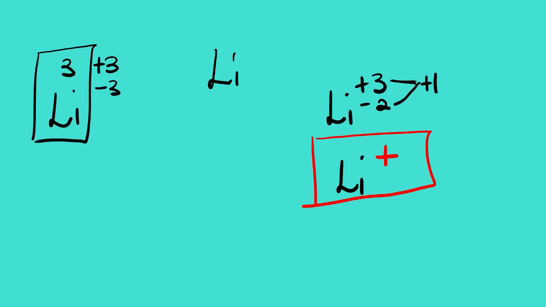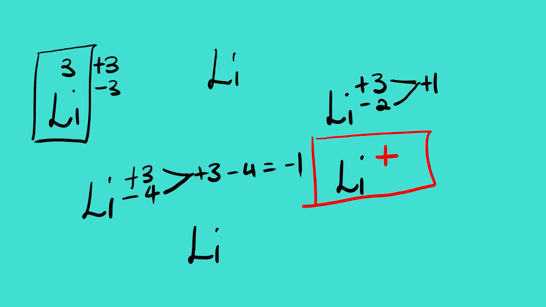Now the very same element, lithium, has an excess of 1 electron, such that we have 4 electrons. When we look at the sum of the two, positive 3 minus 4 gives us negative 1. Therefore, lithium becomes negatively charged. It simply means that it has 1 extra electron.